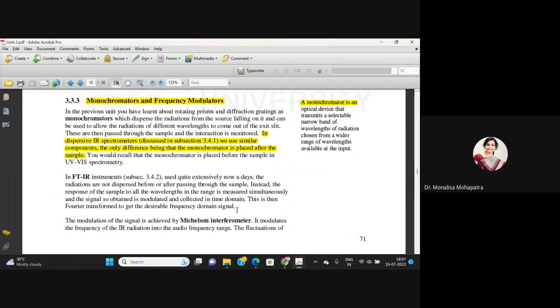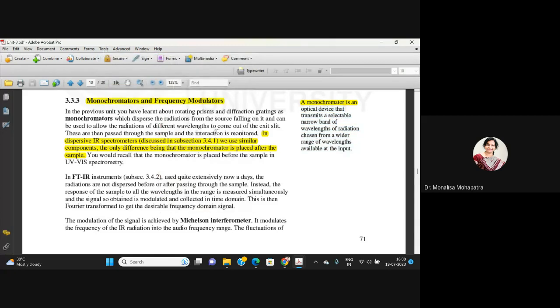Last class also you saw there will be a monochromator. A monochromator is an optical device that transmits a selectable narrow band of wavelengths of radiation, chosen from a wider range of wavelengths available at the input.